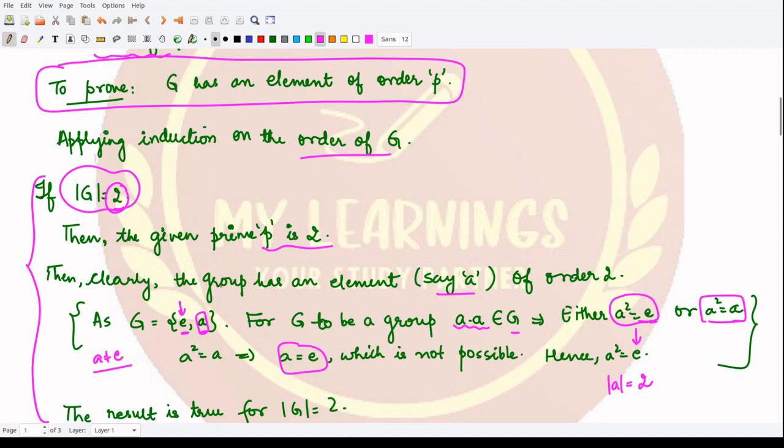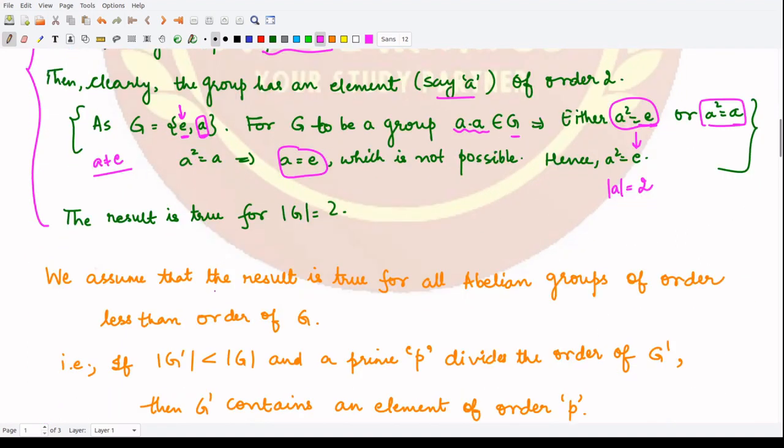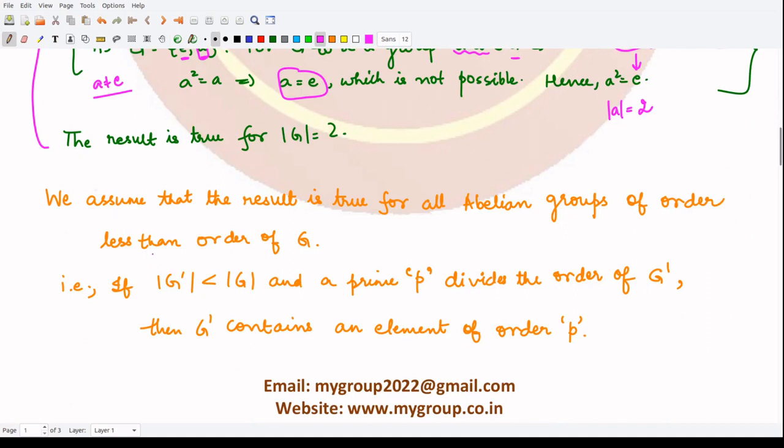Now we assume that the result is true for all groups having order less than the order of the group, say the order of group G is n. So we are assuming some group G dash such that its order is less than n.